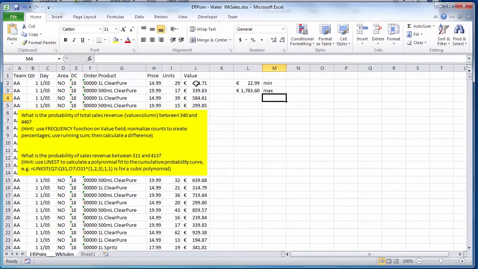And then we might say, how many divisions do we want? How many ways do we want to divvy that up between 22.99 and 17.83? Let's say I want 30 divisions. So that'll be how many divisions I want, and that's 30.